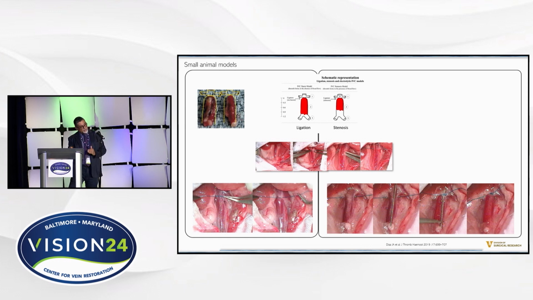Now, for the stenosis model, we also have a complete ligature. However, we interpose a 30-gauge needle, and after we completely ligate the Prolene, we remove the needle, and then the stenosis is created.